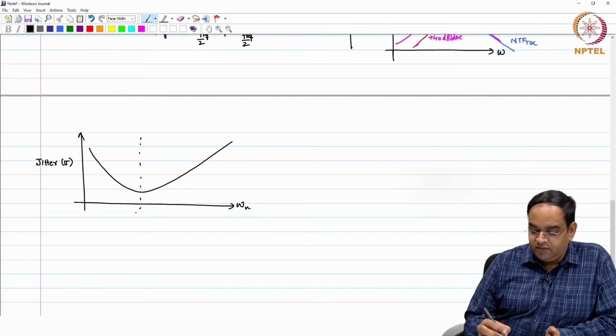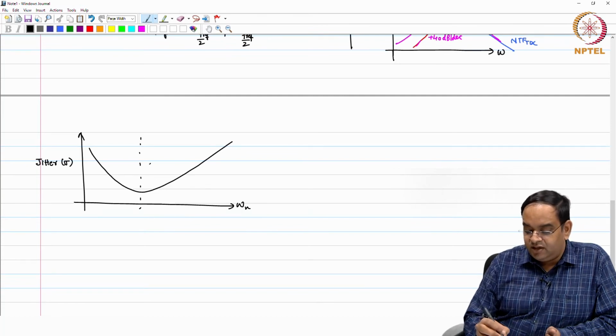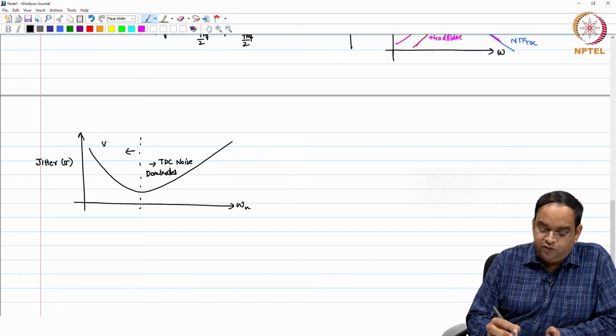Beyond some optimum frequency, in this region TDC noise dominates, and in this region your VCO noise dominates.